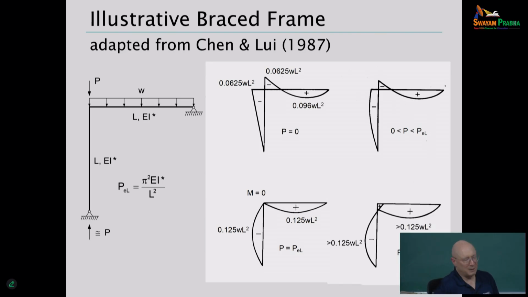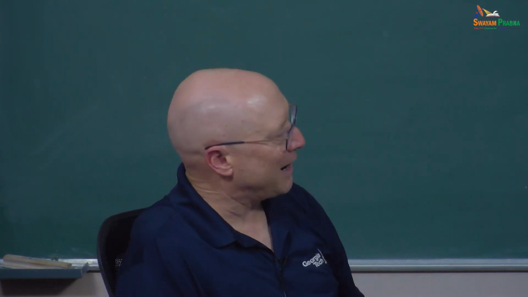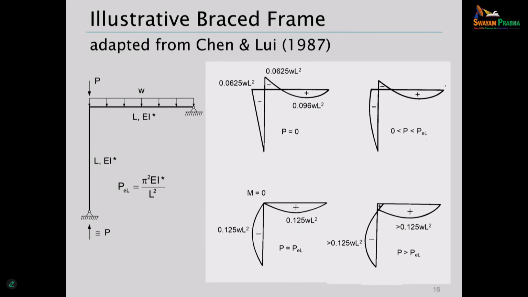And if you have a design where you have said, oh, this column can be designed based on an effective length factor less than 1, so that means P could be larger than PEL. And so we even have a positive moment at the knee, and the moment within the length of the beam is even larger than the simple span moment.